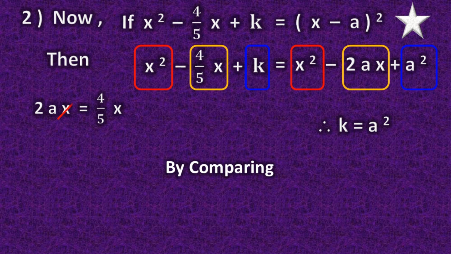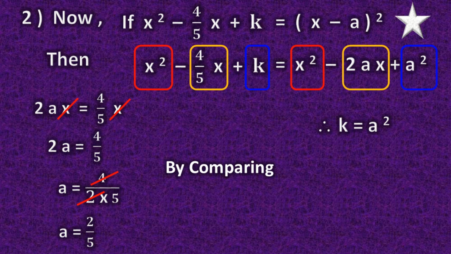Now students, here x gets cancelled. Now we are remaining with 2a is equal to 4 upon 5. 2 you transfer to the other side, that is 2 will come downside. Cut 4 by 2, upside you will get 2, downside 5. That means 2 upon 5. Now 2 upon 5 we substitute here, k is equal to (2 upon 5) whole square. 2 upon 5 square is 4 upon 25.